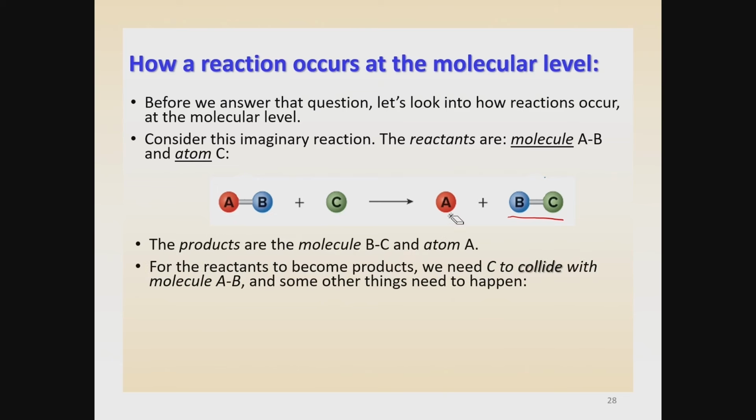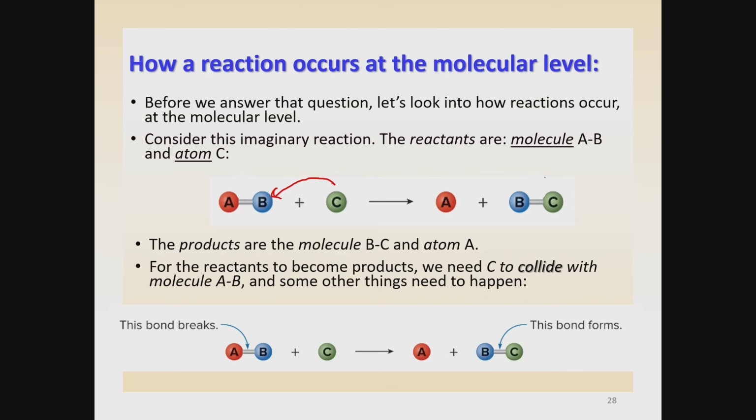The way this reaction must occur, you can sort of imagine, is that the C atom is moving in space, and it's going to strike the AB molecule. And so we say for this reaction to occur that the reactant C must collide with the reactant molecule AB, but then something else needs to happen after that. Once C strikes molecule AB, and it hopefully will strike near B, something is going to happen.